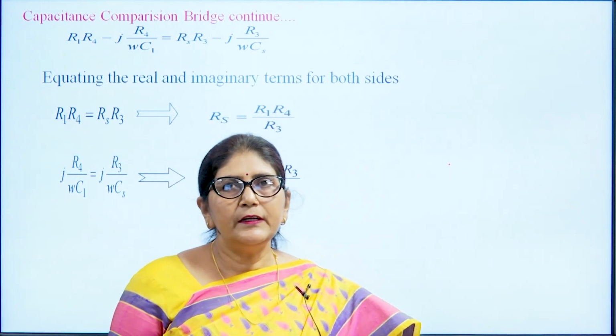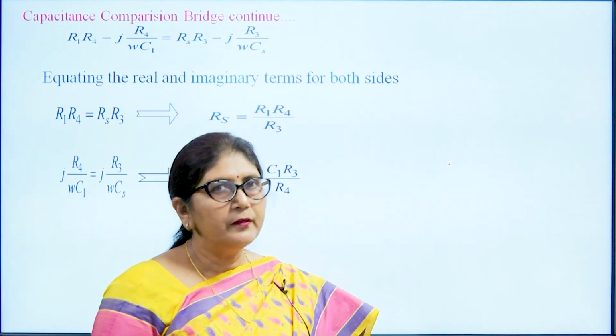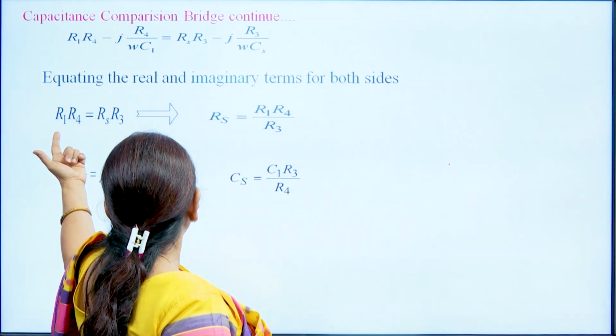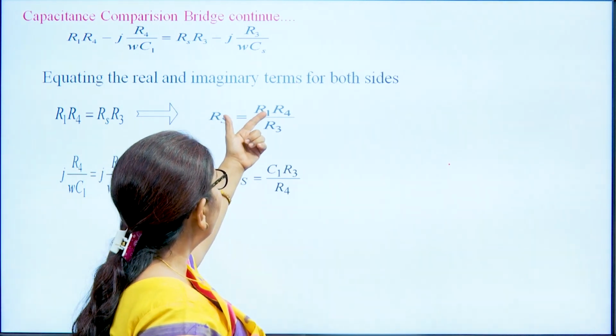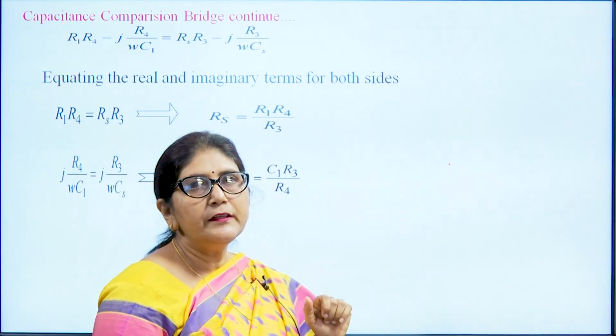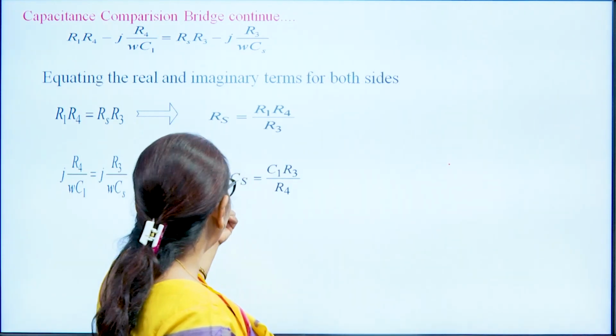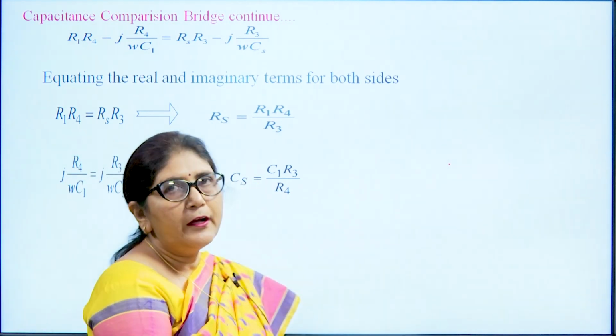Now, separating the real and imaginary parts, we get R1 R4 is equal to Rs R3. So, here Rs is equal to R1 R4 by R3, and by comparing the imaginary terms we find the value of Cs. Here Cs is equal to C1 R3 by R4.